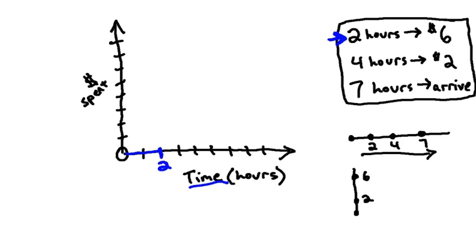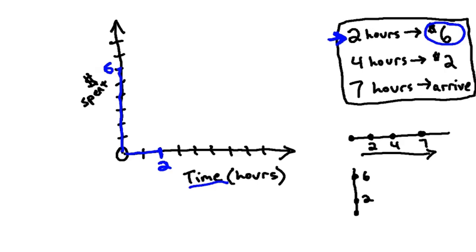We're going to look over at our other value, our amount value, the money spent, and we spent $6 to fill up our tank. So here's our amount line. So we're going up 1, 2, 3, 4, 5, 6, and here's our 6. But we're not going to put a dot there either.